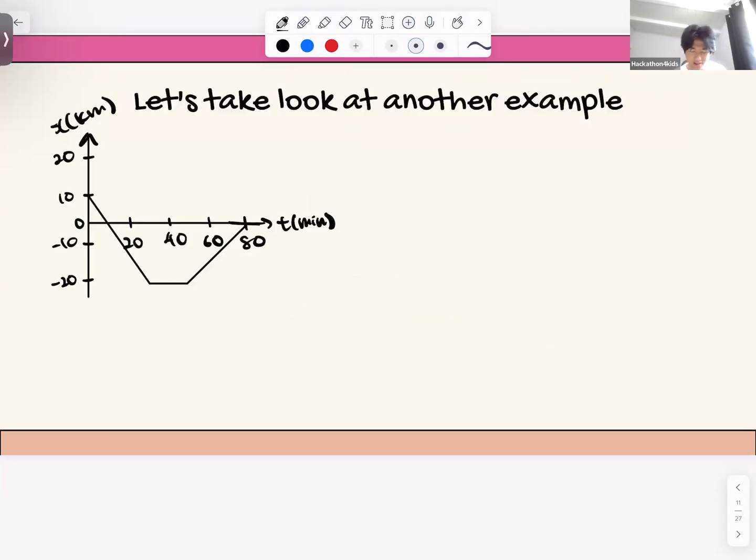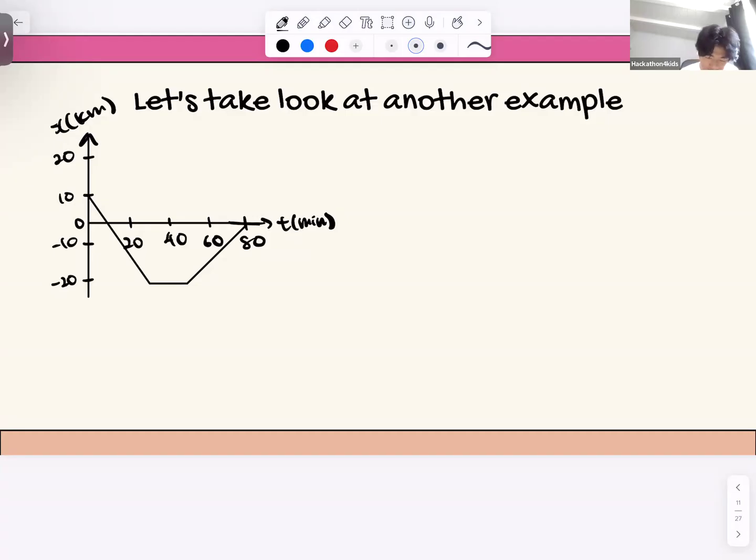So after looking at that, right? Seeing that example, let's give you guys a try on this. So let's try converting this position versus time graph into a velocity versus time graph then. You guys might want to copy this down in your notebooks or whatever.